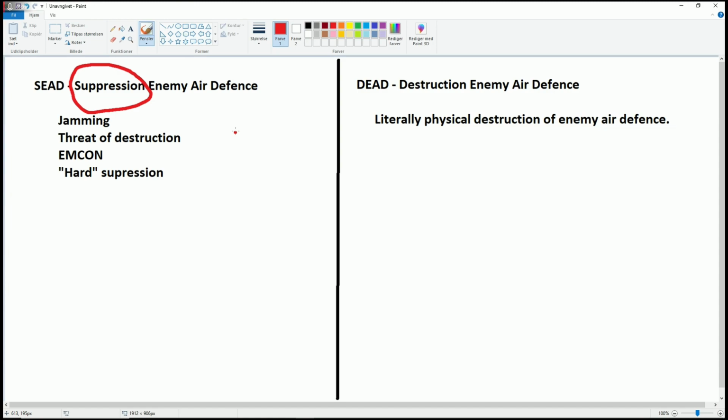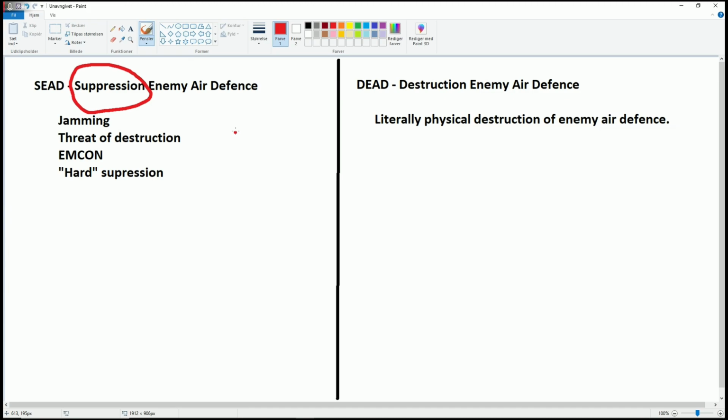If you fire that missile and the radar operator sees it, he will turn off his radar. Therefore, mission completed. That radar is now no longer part of that threat package. He can turn it on again, yes, but that may not be the purpose of that SEAD run.